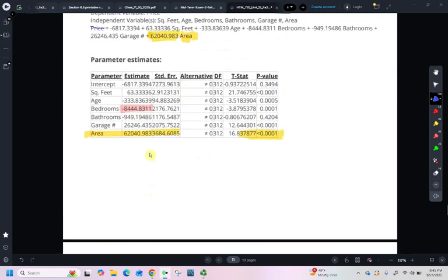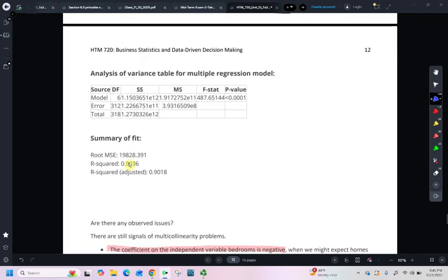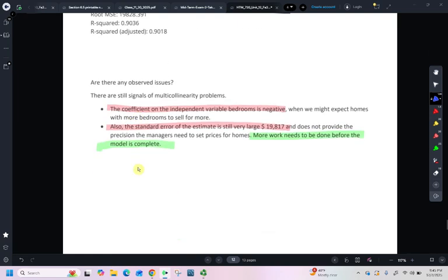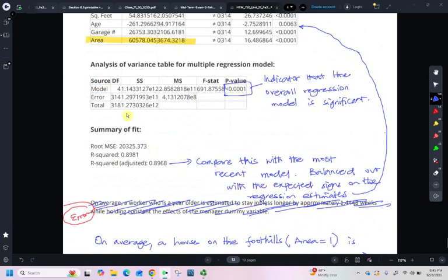So even when I dropped these two, bedroom and bathroom, there wasn't much change to the performance of the model, because it went from 90% to about 89.68%, approximately 90%. So dropping bathrooms and bedrooms seems to be okay.